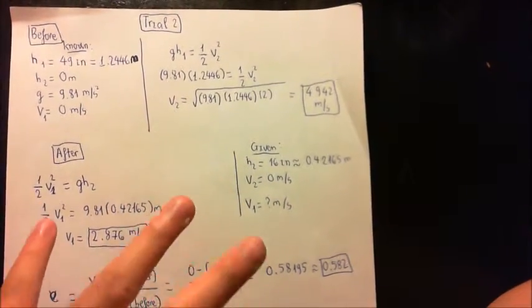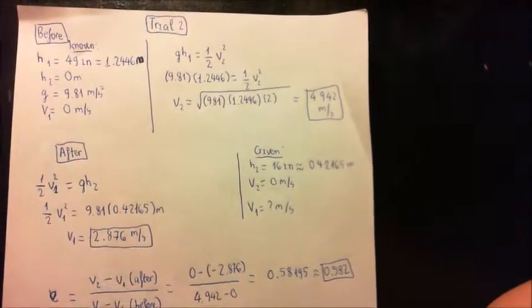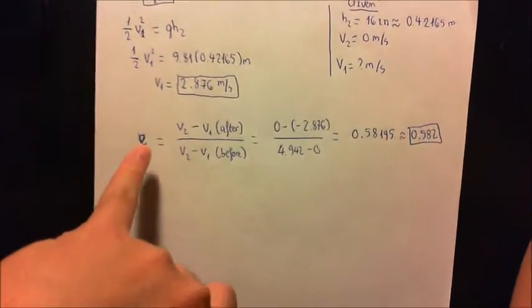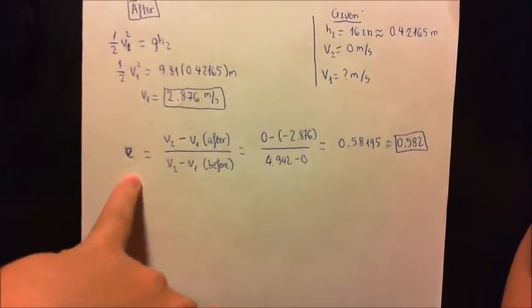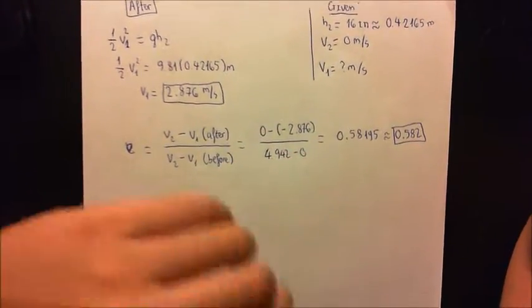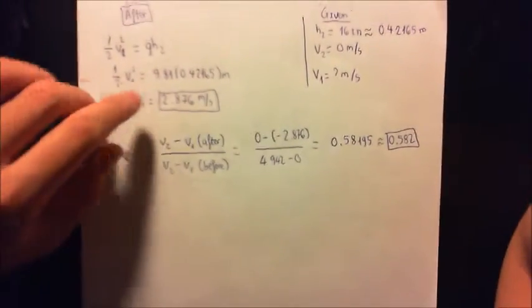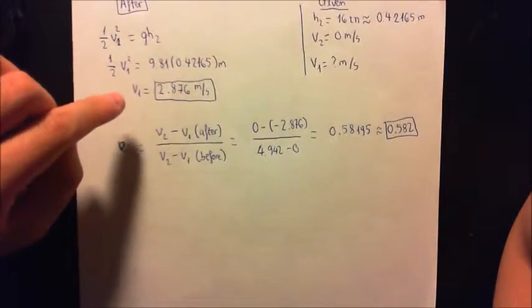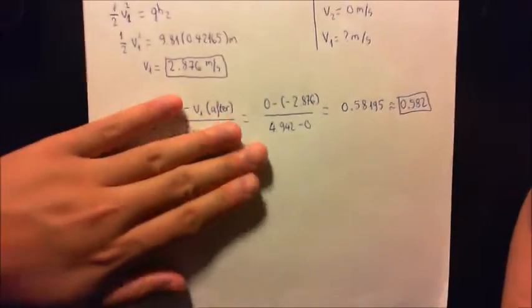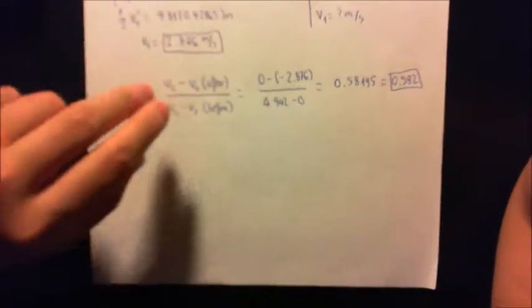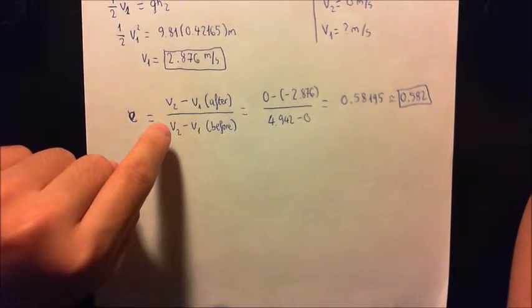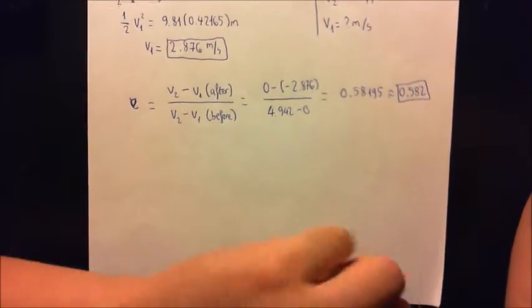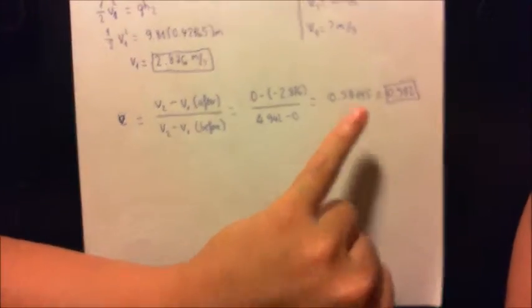And the reason to do the second trial is to check whether the coefficient of restitution could be the same as the initial one. So after I've done all the work, I got the initial velocity when the ball rebounds, and I just plug into the equation of coefficient of restitution, and eventually I got this answer.